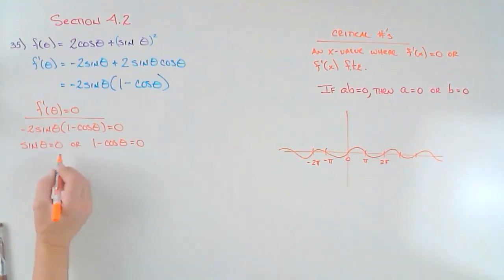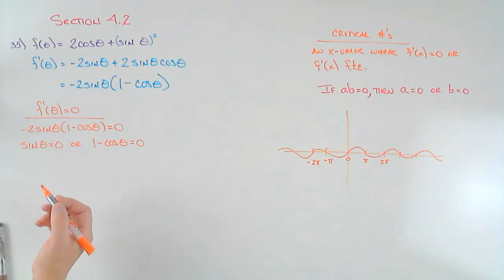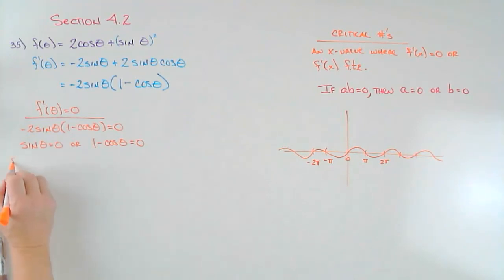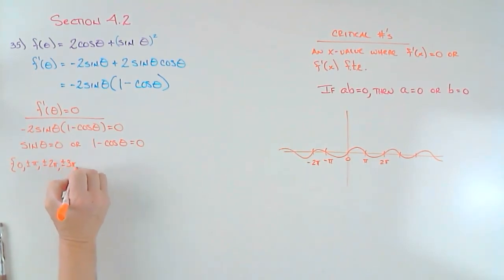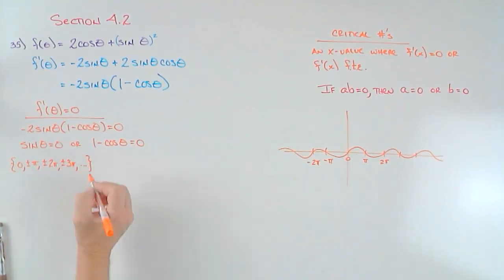We can't write all those down. We could try to write a set that looks something like this: 0, plus or minus pi, plus or minus 2 pi, plus or minus 3 pi, dot, dot, dot. That's not really an elegant solution, but it expresses what we want to say.